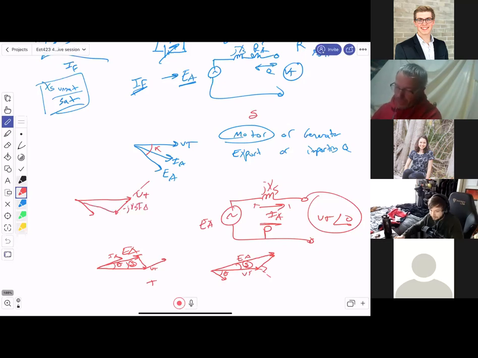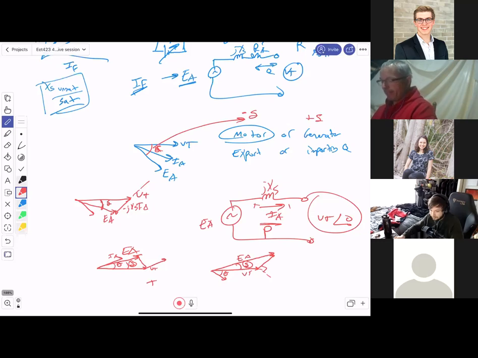So my corresponding EA is here. What can we say about delta? It's negative. Is delta negative here? Yes. Delta's negative, motor. Positive, generator.